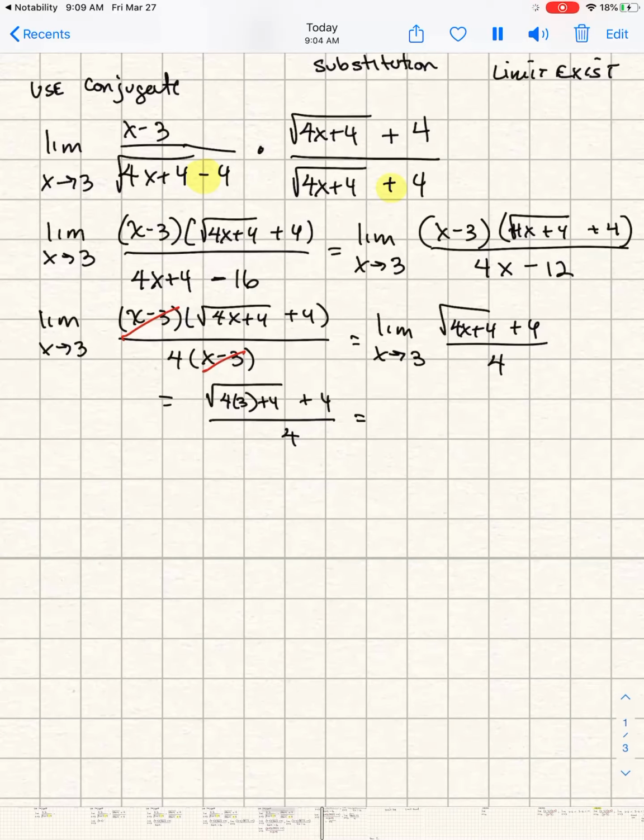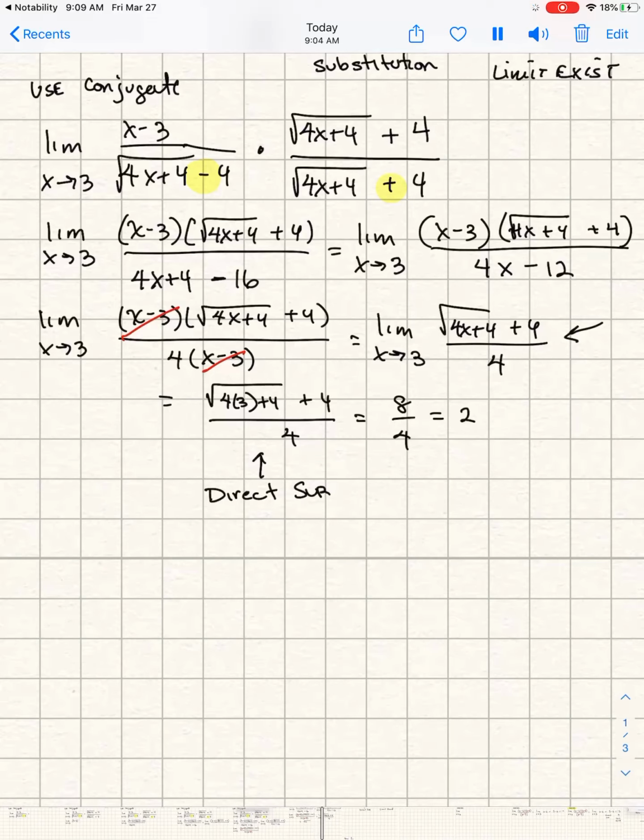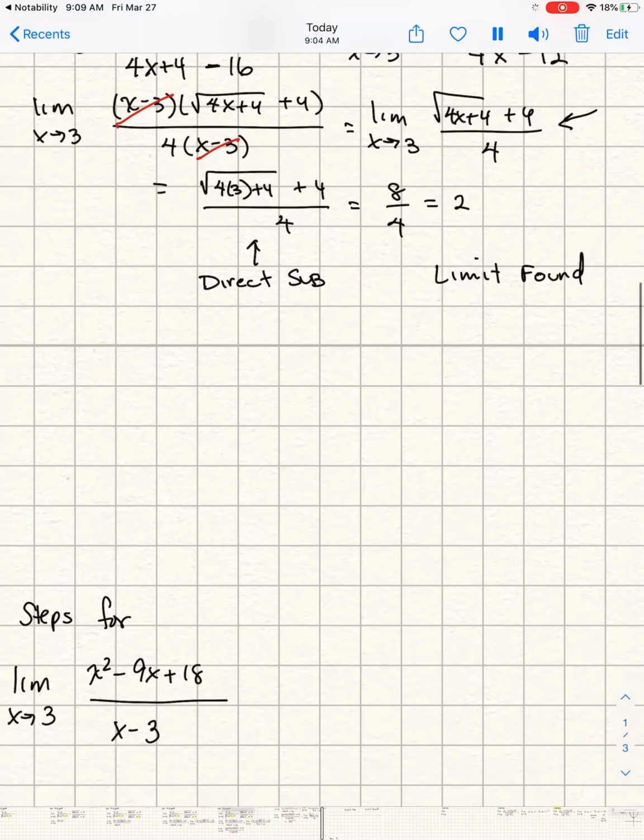So in the numerator we get 12 plus 4, so 16, so 4 plus 4 is 8 over 4, which we get 2. So after you use the conjugate to get here, we did another direct substitution, and then the limit was found. All right, let's move that up.